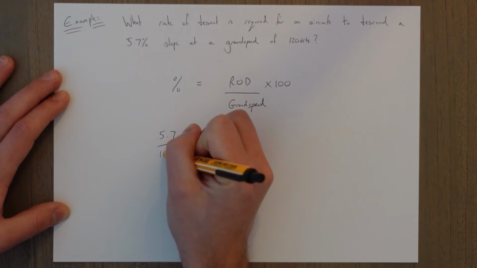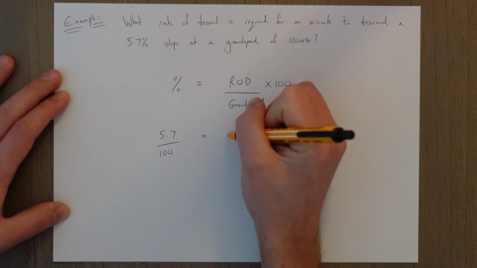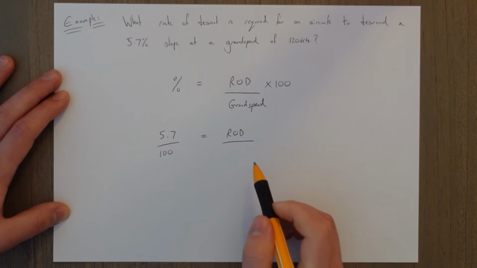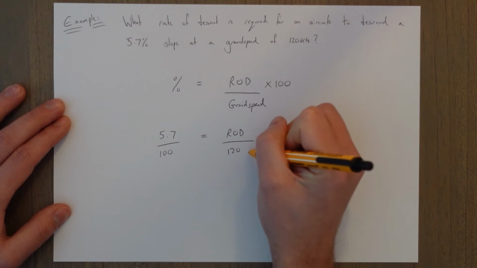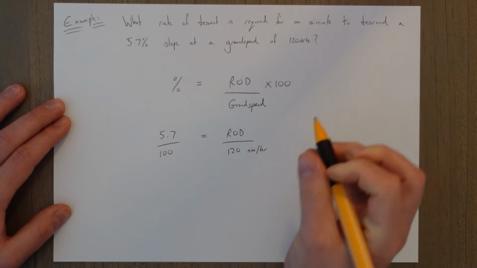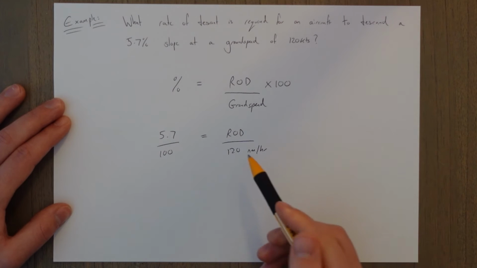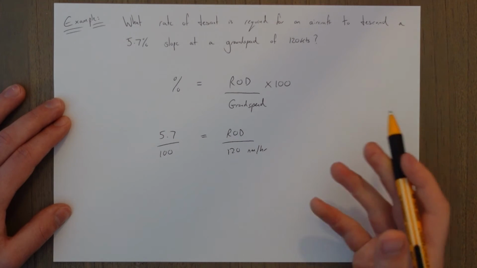We'll divide that by 100, and we'll get our rate of descent over the ground speed, which is 120 nautical miles per hour, remember. So we're going to have to convert this 120 nautical miles per hour into feet per minute to get a rate of descent that's also in feet per minute.